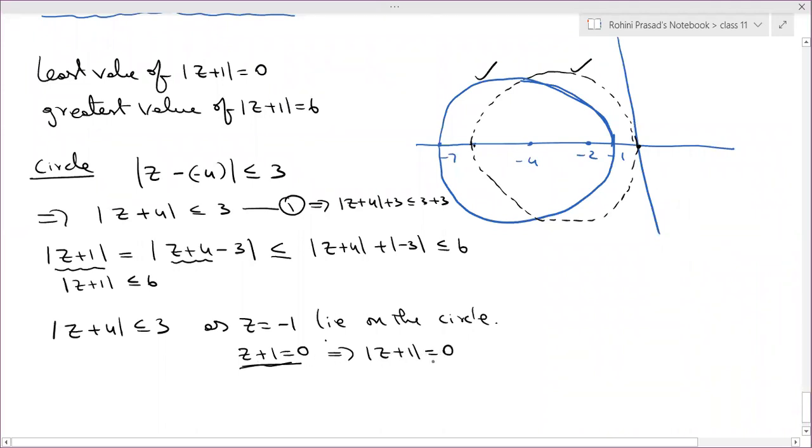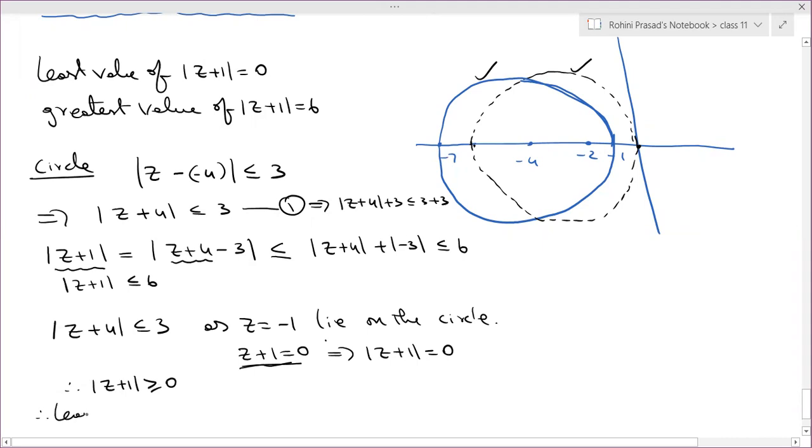The modulus of z plus 1 is 0, and modulus can never be negative. So therefore, mod z plus 1 is greater than or equal to 0. Greater than or equal to 0 is well known to us, but our doubt is whether 0 is possible or not. Yes, 0 is possible, so we can call that the least value.